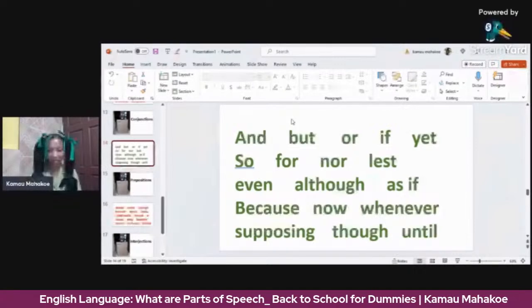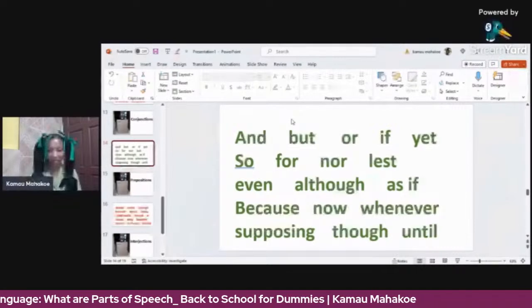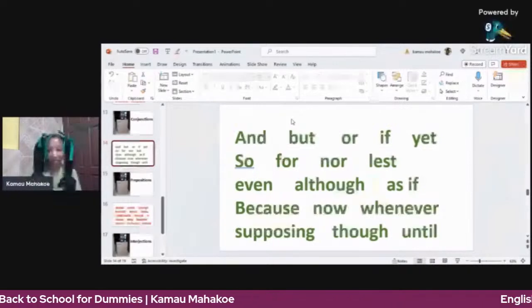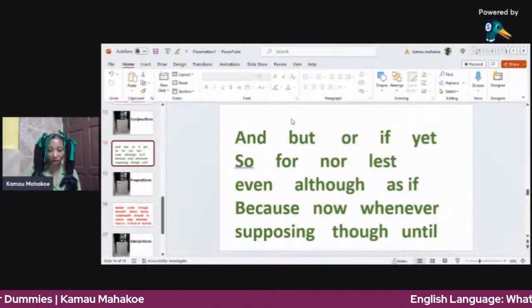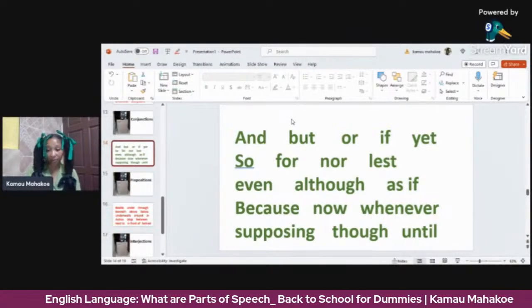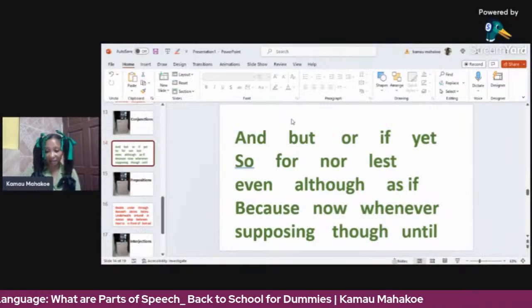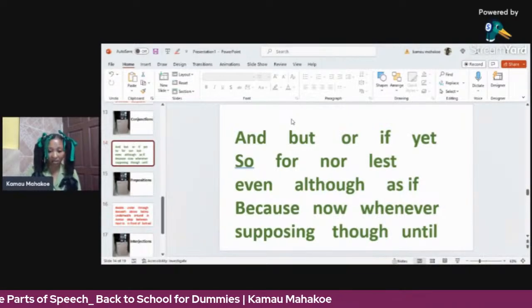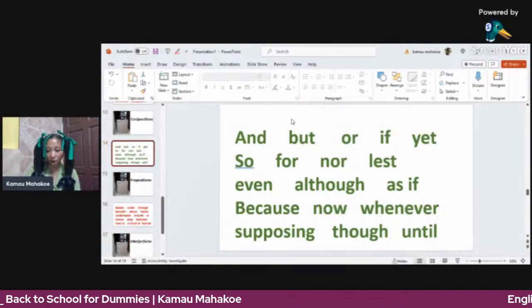So these are words like and, but, or, if, yet, though, for, nor, lest, even, although, as if, because, no, whenever.